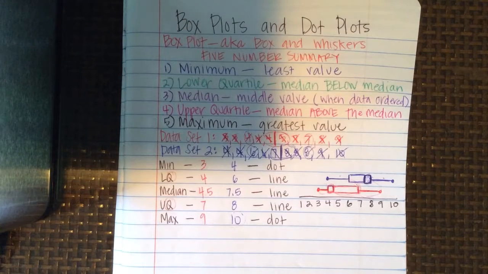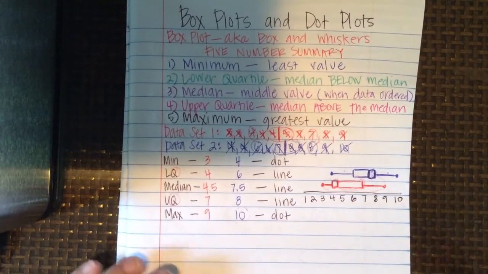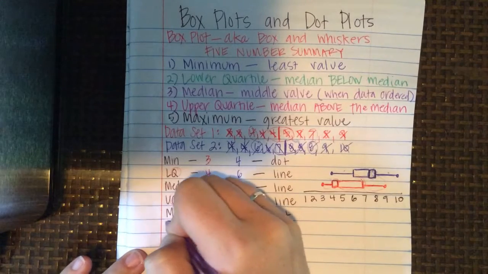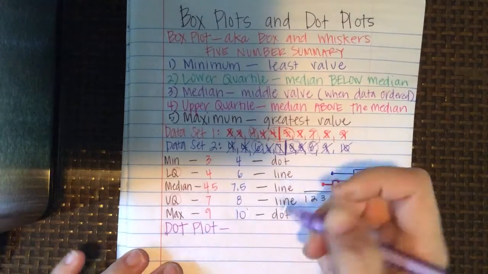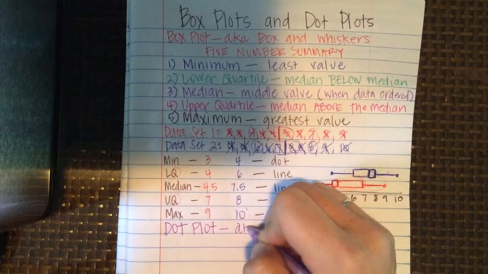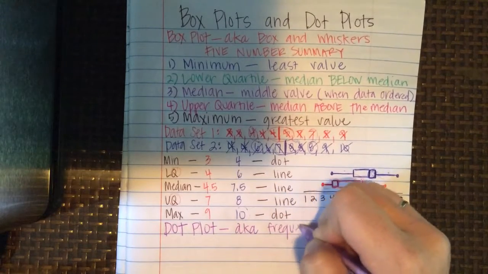Now we're going to move on to a dot plot. And a dot plot, again, is something that you've probably seen or heard before, just by a different name. So a dot plot can also be called, AKA, also known as, a frequency table.